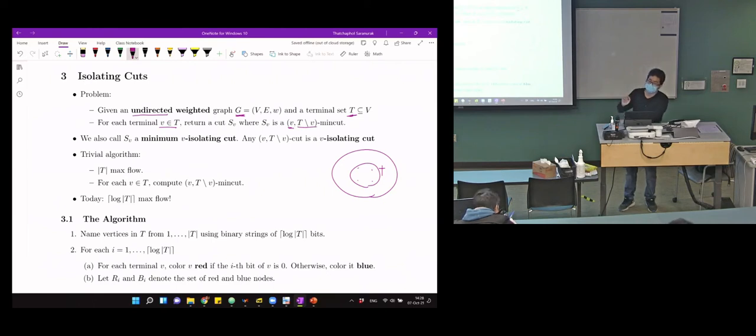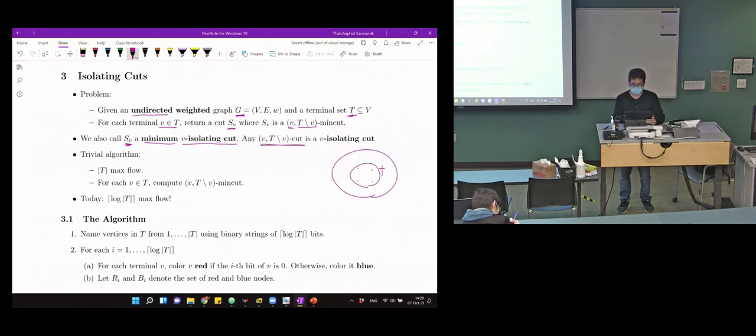So it's a min cut that separates V from the rest of the terminal. You want to do this for every V, so there are T many cuts that you want. By the way, I will call this cut the minimum V isolating cut, because it isolates V from the rest of the terminal.